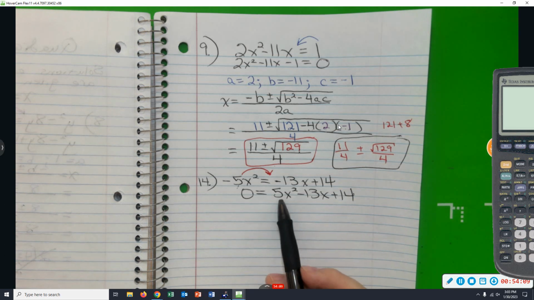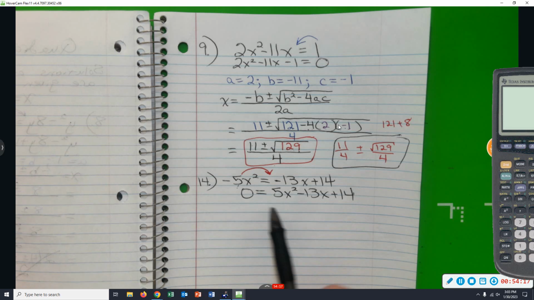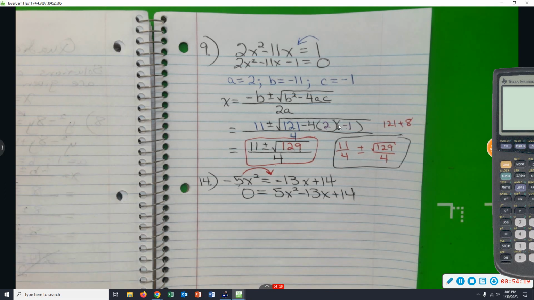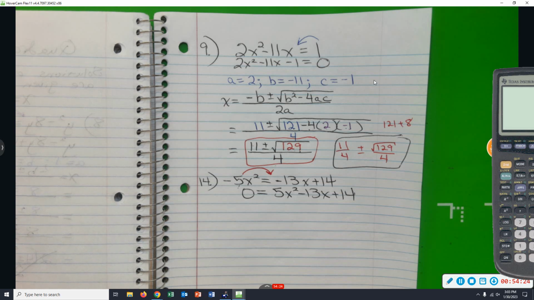Remember, we said that the number in front of the squared variable needs to be positive. We said that we need a 0 on one side. But equality is reflexive. This line here is still read as 5x squared minus 13x plus 14 equals 0.